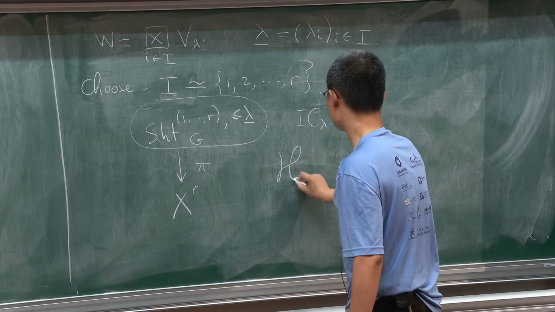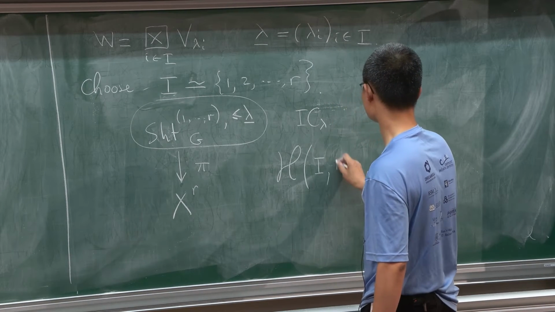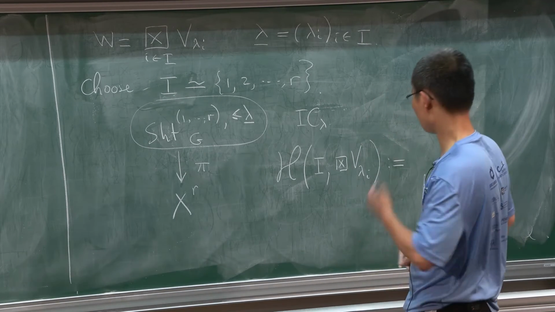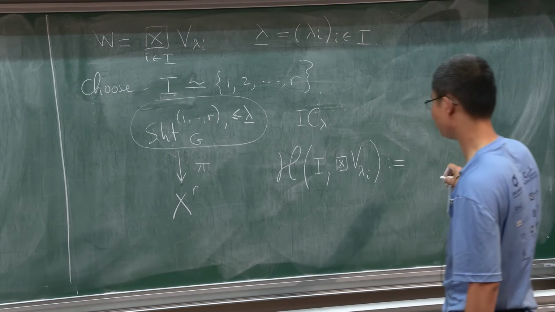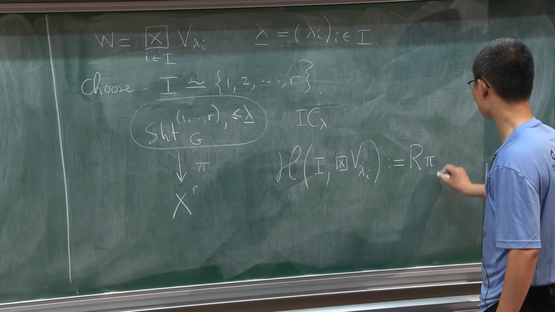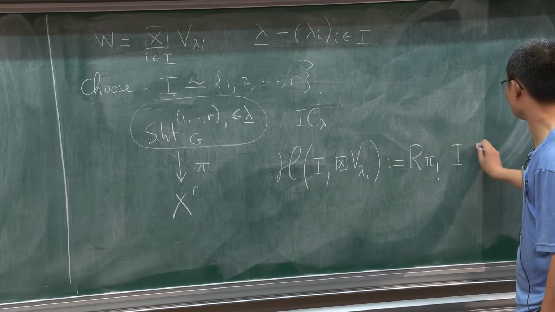We have a curly H. We first define curly H_I and this external V_I to be the whole complex, the push direct image complex of IC lambda.